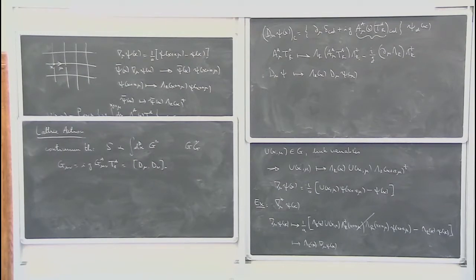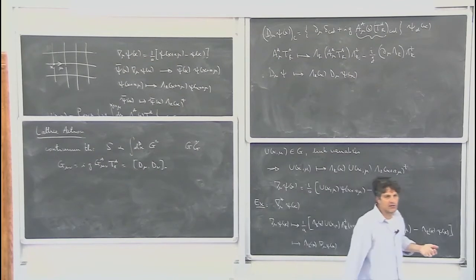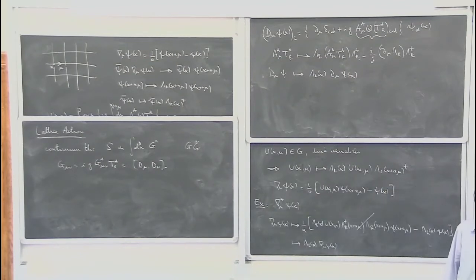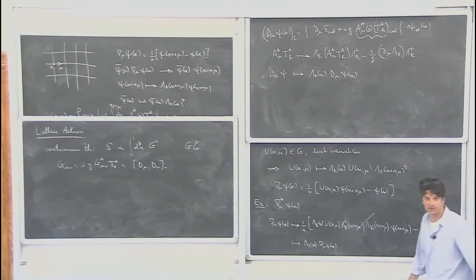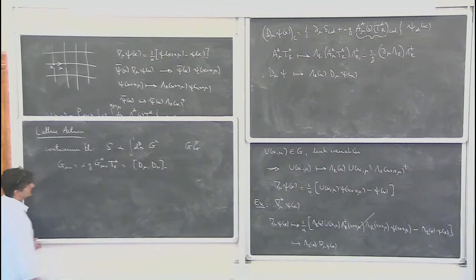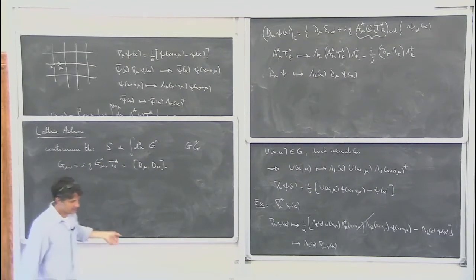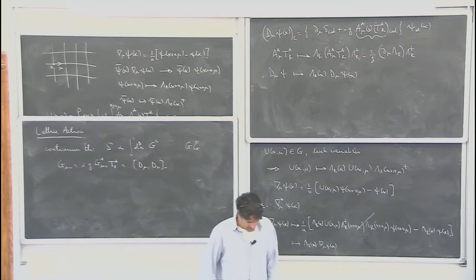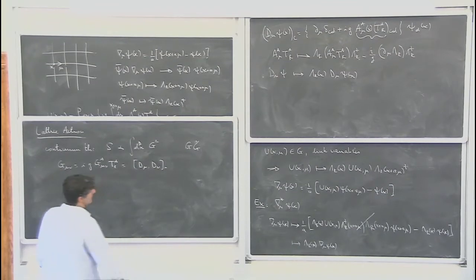So again, if you think from an effective field theory point of view, your action is just the only relevant operator that you can write that is consistent with the symmetries of the system. You can have higher dimensional operators, of course, but they're irrelevant. Okay? So we're going to do exactly the same for the case of the lattice theory.